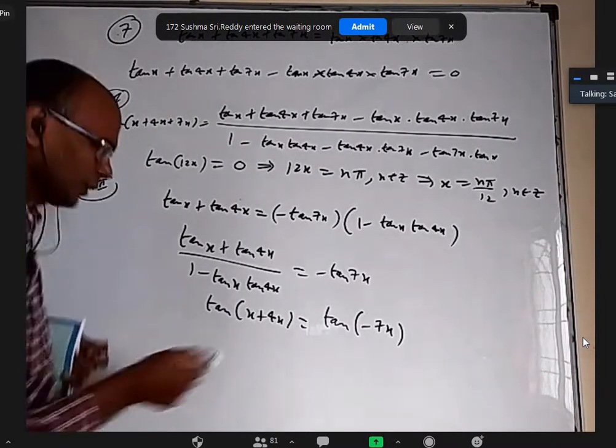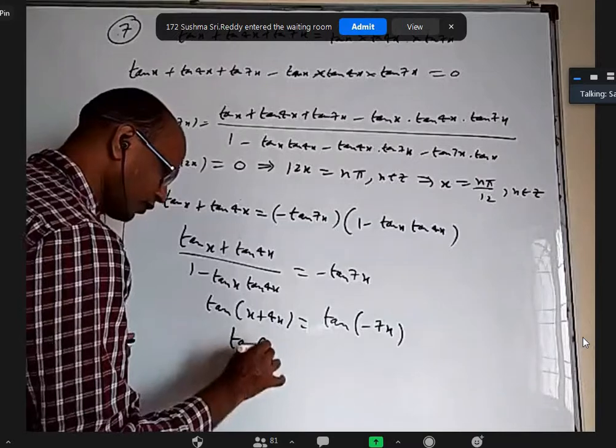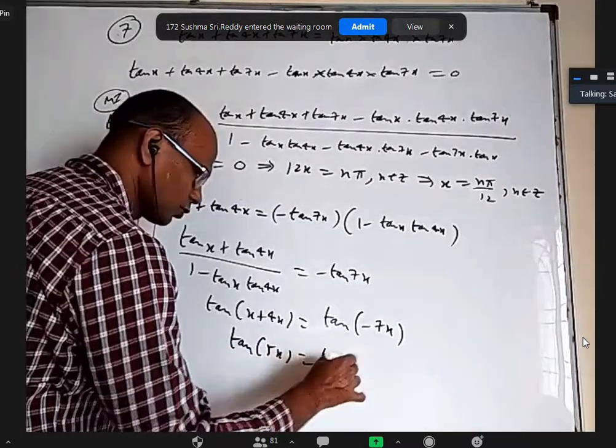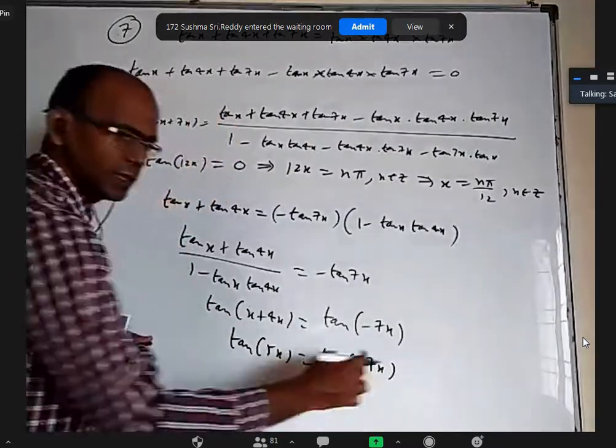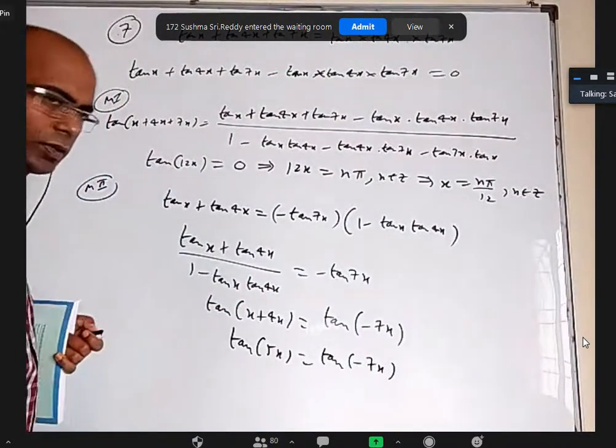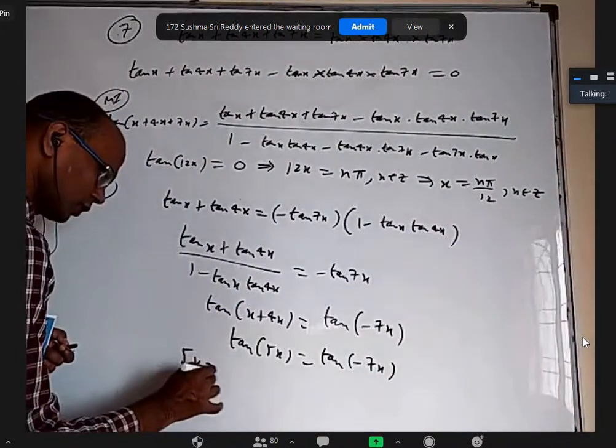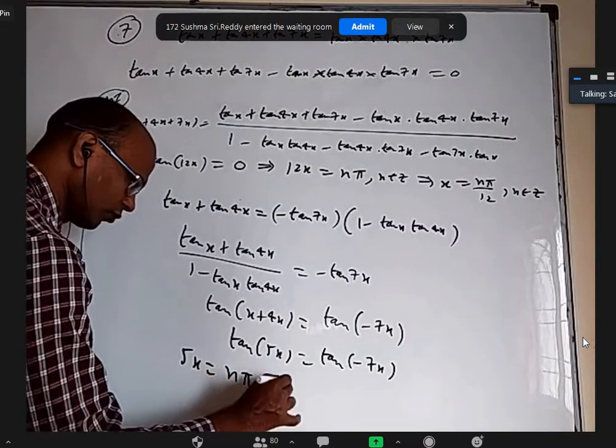So like that, I got here tan 5x is equal to tan minus 7x. I'm going to take this as alpha. Tan x equal to tan alpha, so x equal to n pi plus alpha.